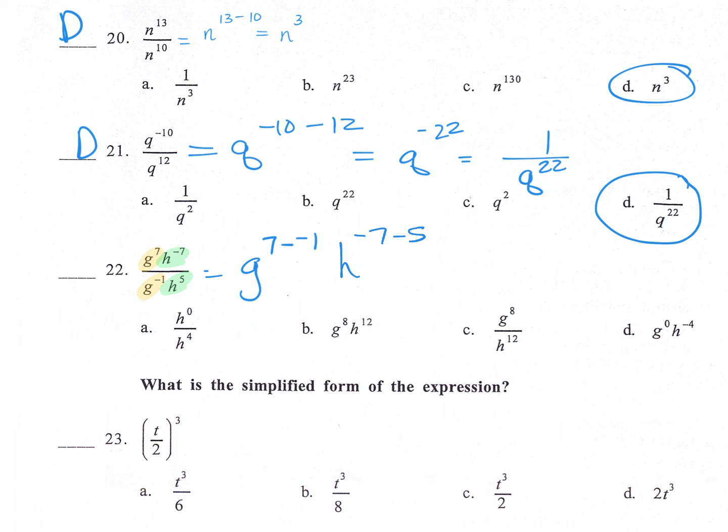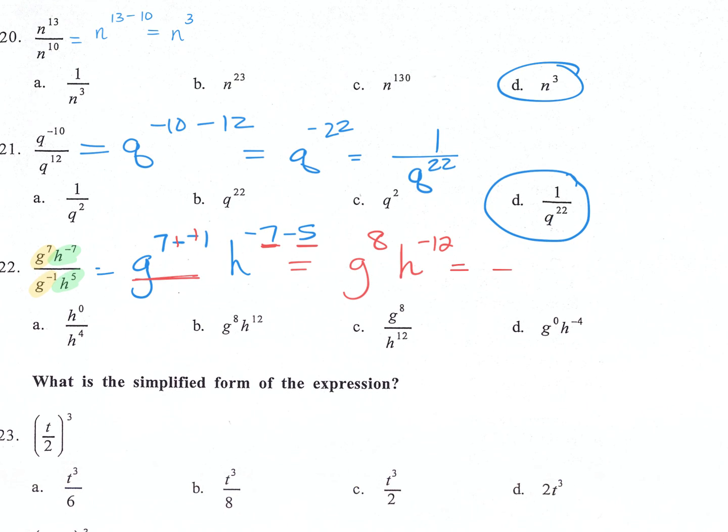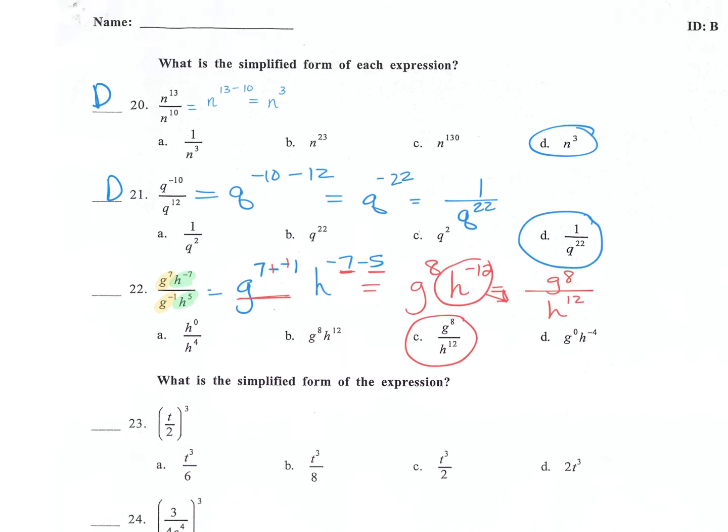Now, in the g's, 7 minus negative 1 switches to plus. So that becomes g to the 8. For the h's, negative 7 minus 5, that's going to give me h to the negative 12. Equal sign and fraction bar. Now let's move h down to the bottom, because we can't have those negative exponents. So my final answer is going to be answer choice C.